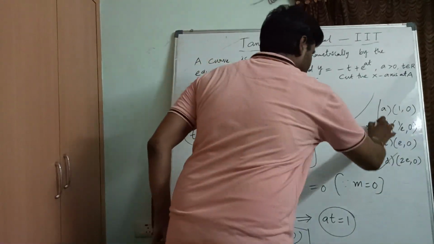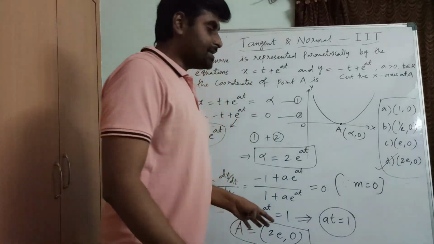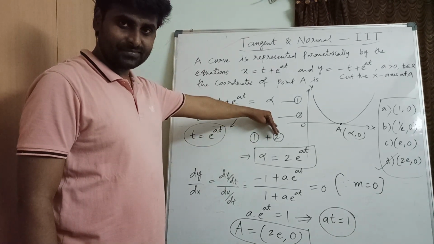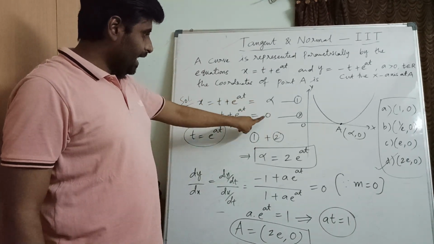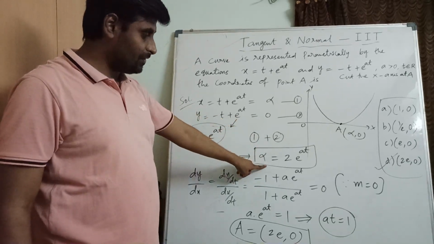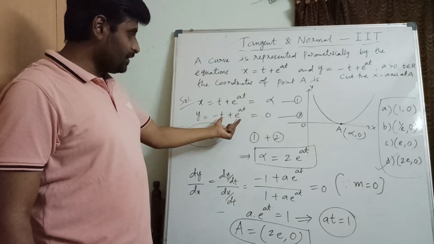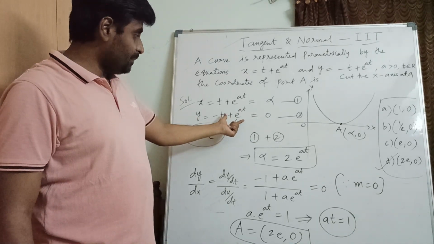Hope you have understood. Like that, we can solve in maximum in minimum time. We just need to add these. The benefit is we get the alpha value. After that, if we equate this to 0, we get one relation between e power at and t.